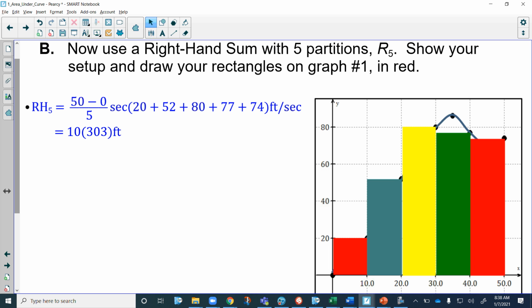So in this case, the sum of the heights is going to be 303, and that will translate when I multiply it by 10 into 3,030 feet traveled by the car in 50 seconds. And of course, you can see that's quite a bit different than what the left-hand rule was. But generally speaking, this is going to be an overestimate.